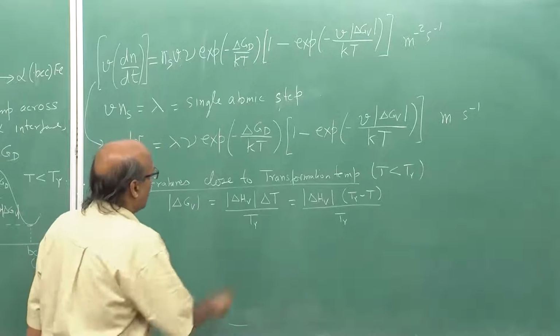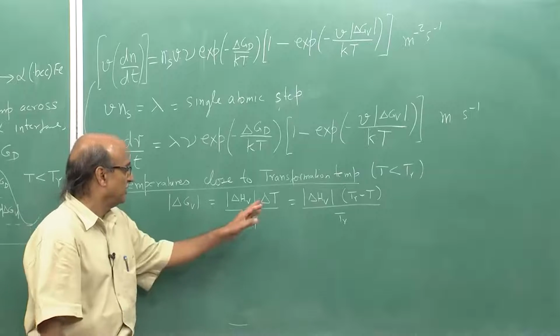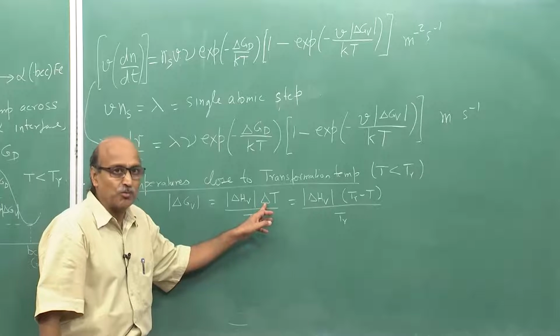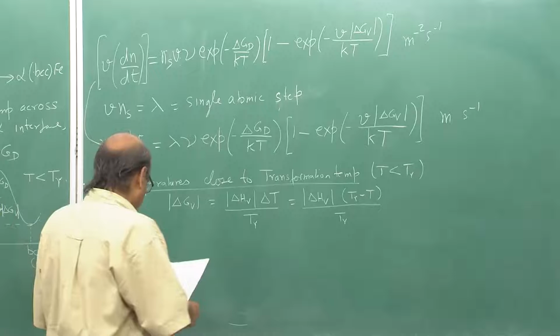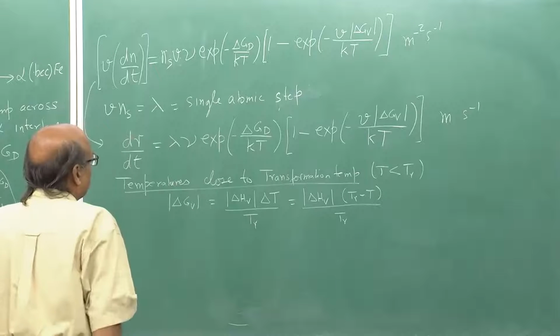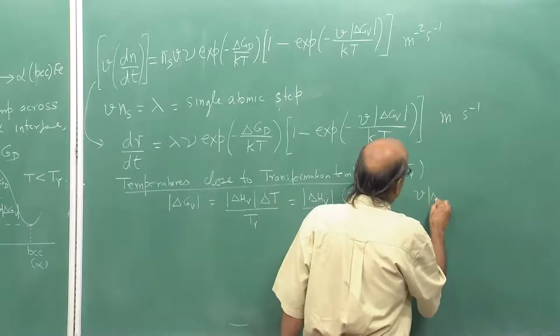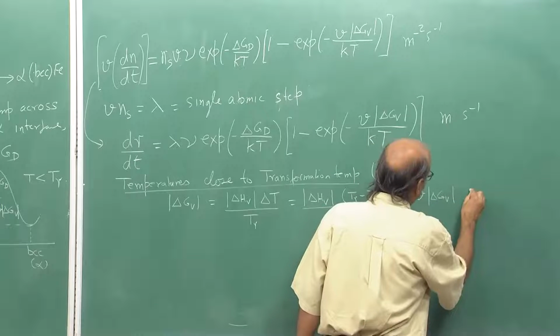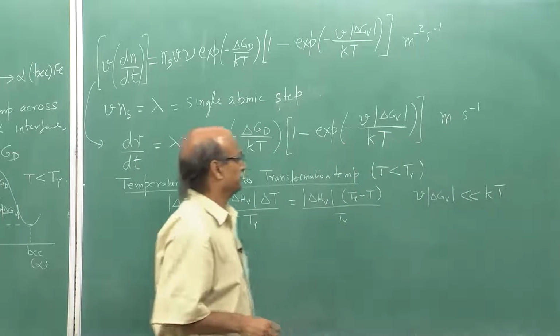So, for small undercooling, essentially temperatures close to the transformation temperature, the term V times delta Gv could be much smaller than KT.